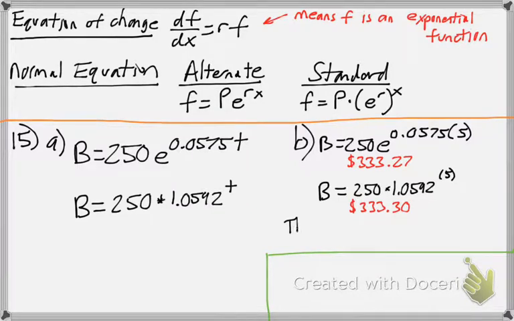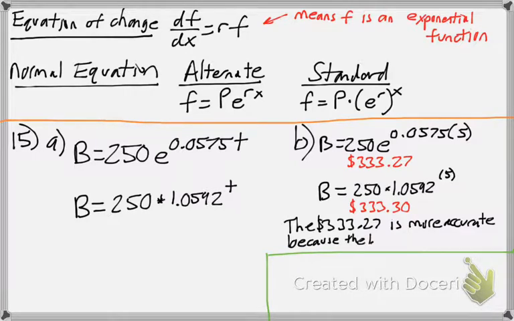So the $333.27 is more accurate because the 1.0592 is rounded.